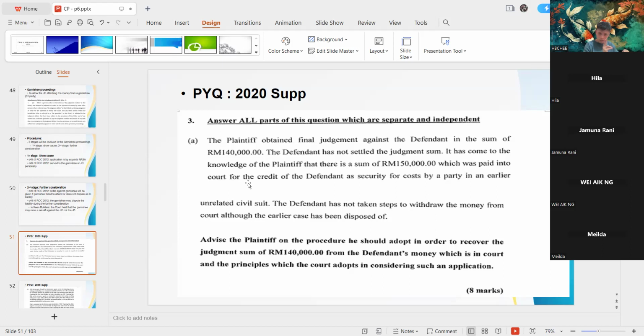But this is very important, this is the key word: you pay the money into the court. So if you have the Rules of Court with you, I would suggest you look into Order 49 Rule 9, specifically Rule 9 sub 1.